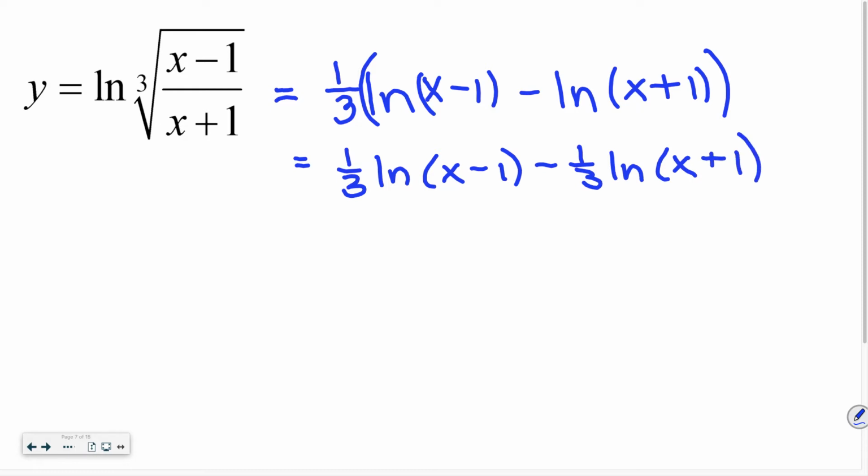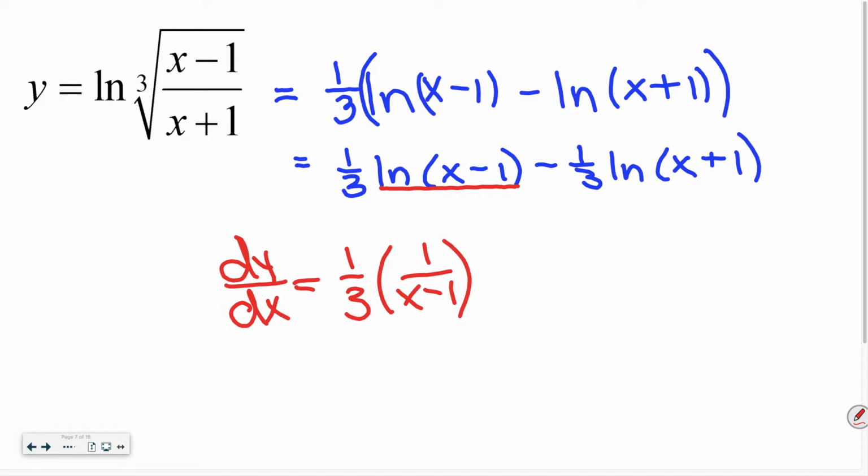Okay. So now what we can do for the derivative, instead of having to do a chain rule involving the power rule and the quotient rule, we have 1/3 times the derivative of this is 1 over x minus 1 times the derivative of the inside, 1, right?